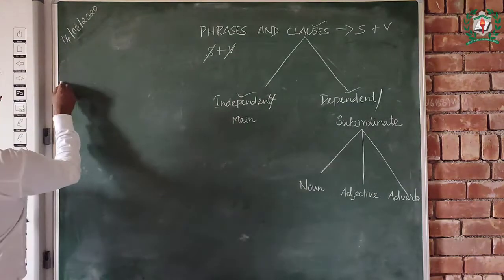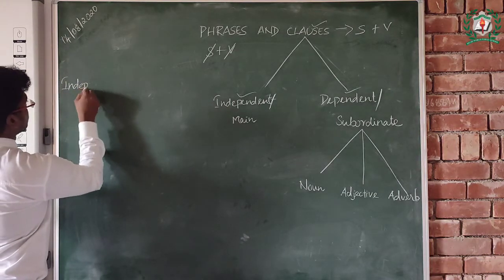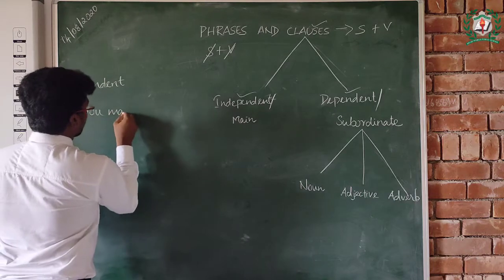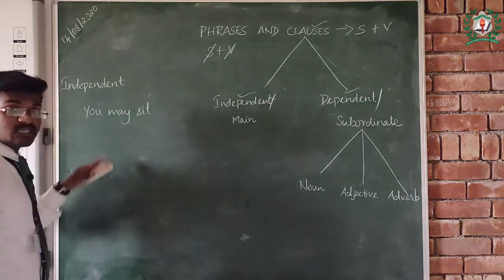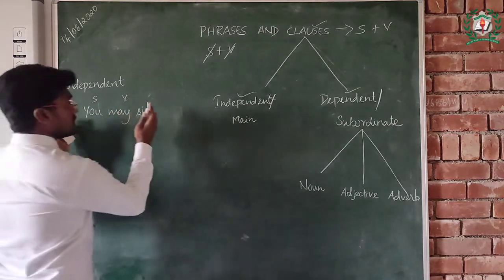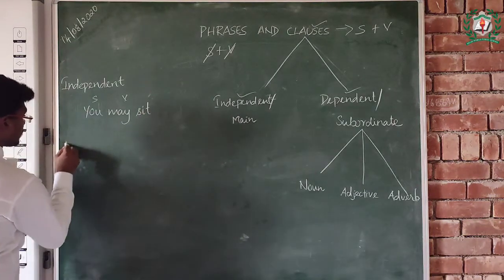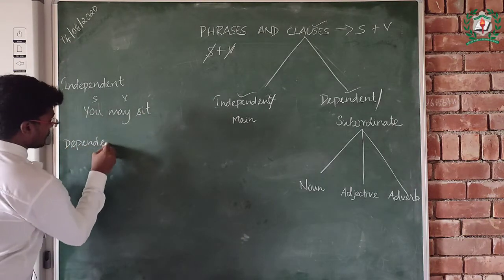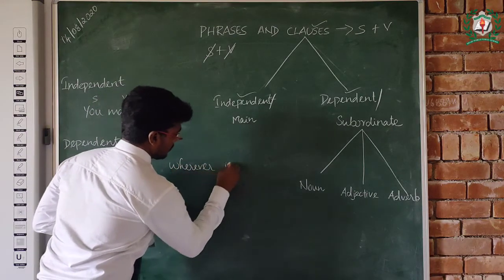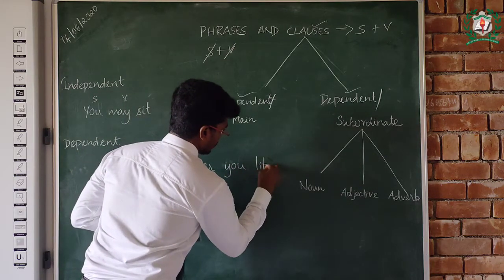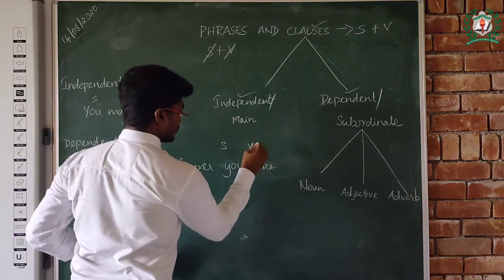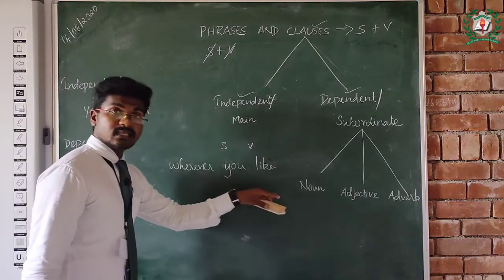Let's see an example for independent. "You may sit." It has a subject as well as verb, and the meaning is there. Now the dependent example: "wherever you like." It has subject as well as verb, but the meaning is incomplete.